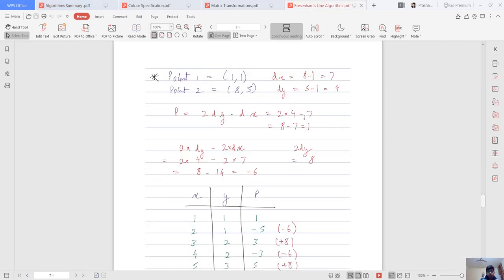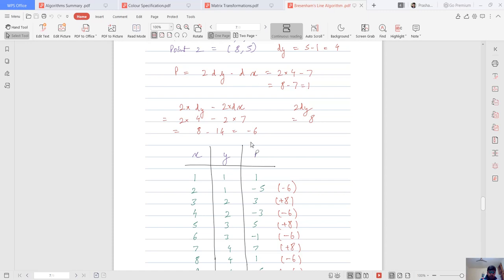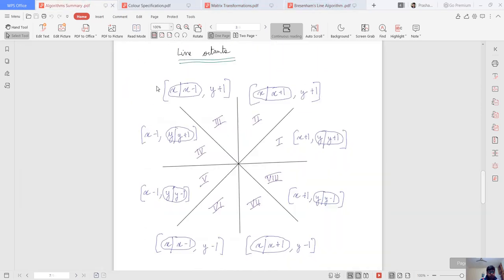So here we have the Bresenham line algorithm. Say we are about to make a line from point 1,1 to point 8,5. To interpolate that, we take x and y and p, where p is our initial decision parameter. It is called the decision parameter because it decides whether we make x positive and only y, or x positive and y plus 1.